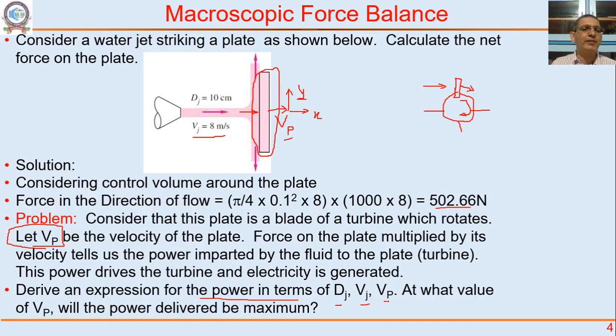And then once you get that expression, I would like you to find out at what value of Vp the power delivered by the fluid to the turbine blade will be maximum, because that maximum electricity we would like to generate. Okay, solve this for yourselves, then only go forward. Pause the video.